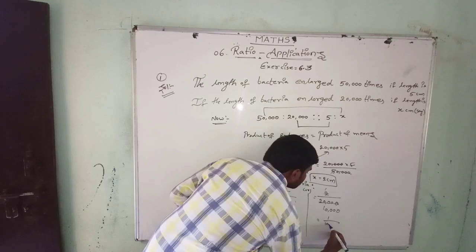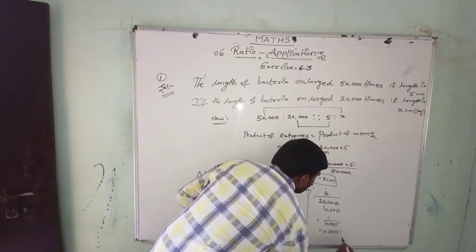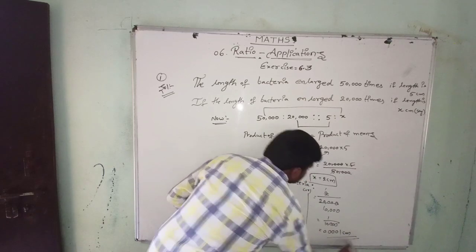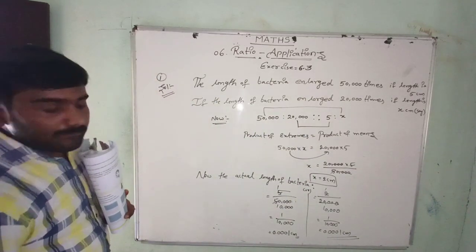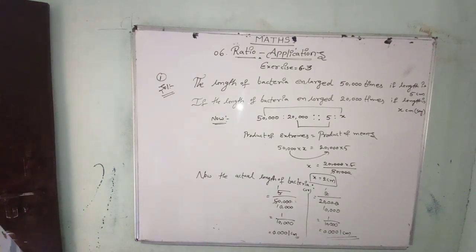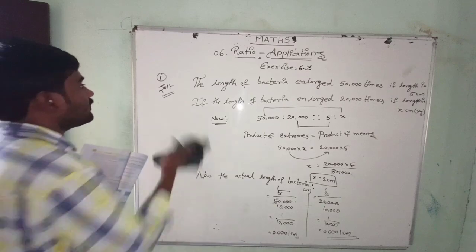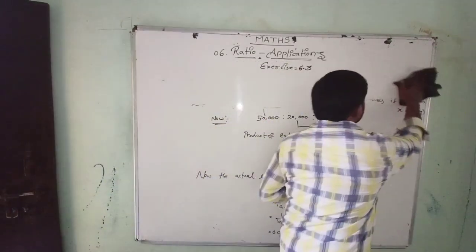Then 1 by 10,000 gives us 0.0001 centimeters. So this will be the actual length of bacteria. Please copy this or take a screenshot of this solution, and we go for the second one.